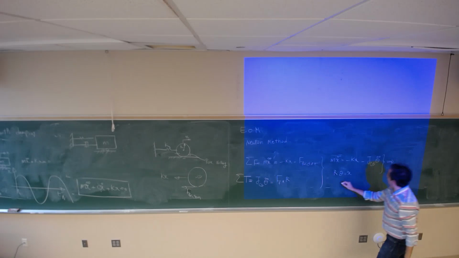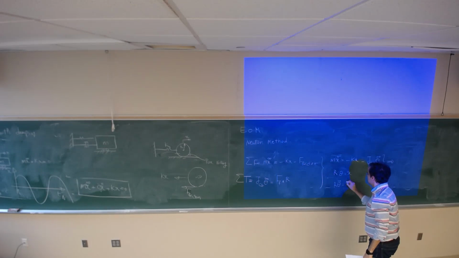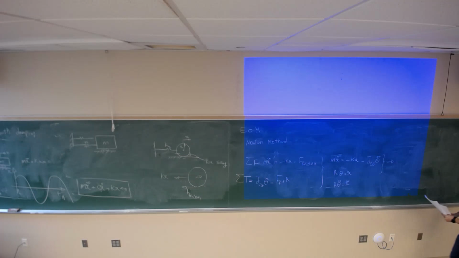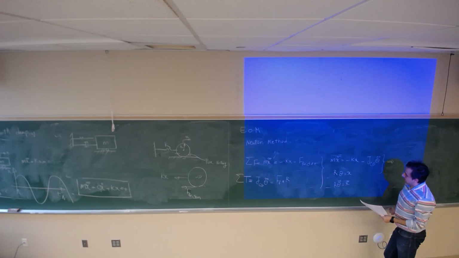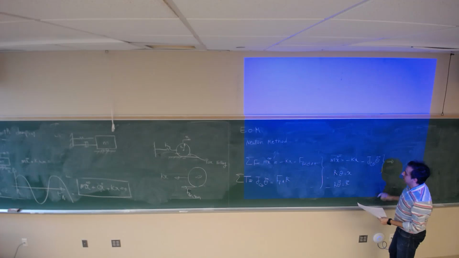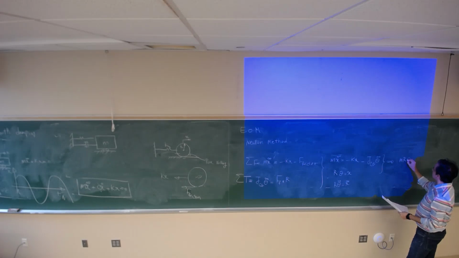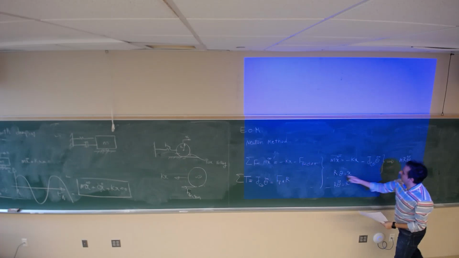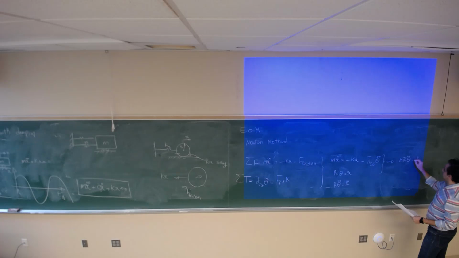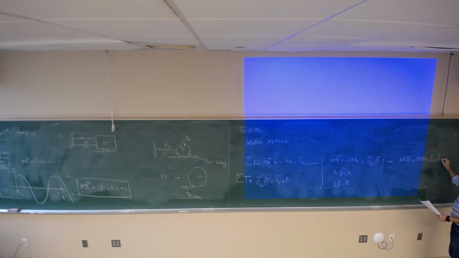So we will get R theta double dot would be x double dot. So I'm going to replace x by R theta. So m R theta double dot, plus k R theta plus J center of gravity theta double dot equals to 0.